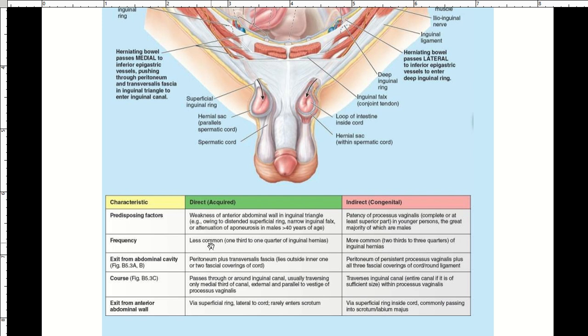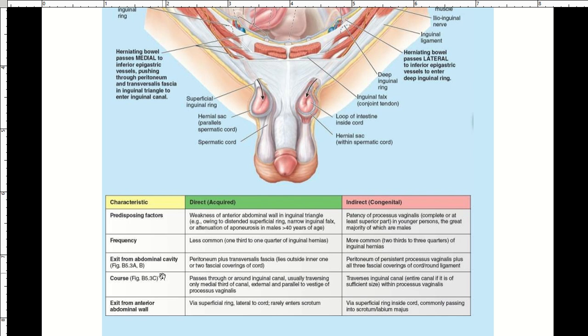Frequency: the direct hernia is less common, like I said, one third of inguinal hernias. The indirect is more common, two thirds, and more common in males than in females. Even the direct is more common in males than in females.